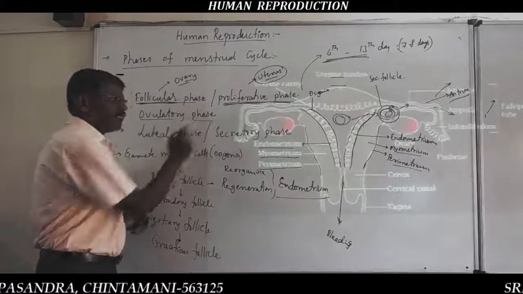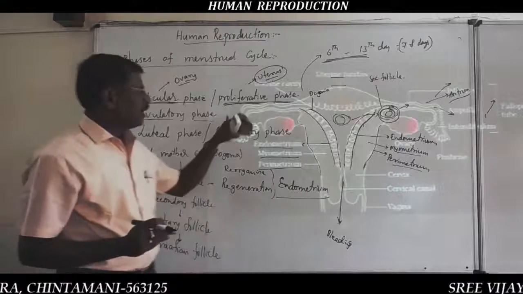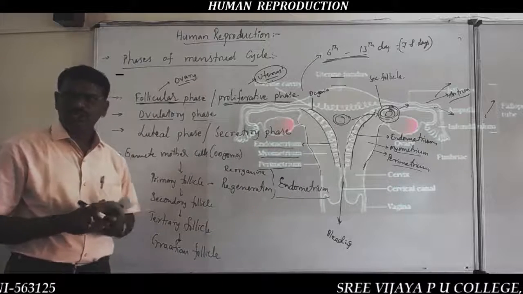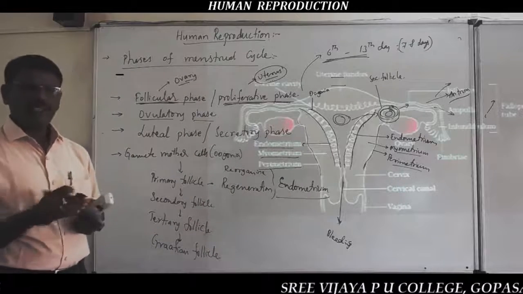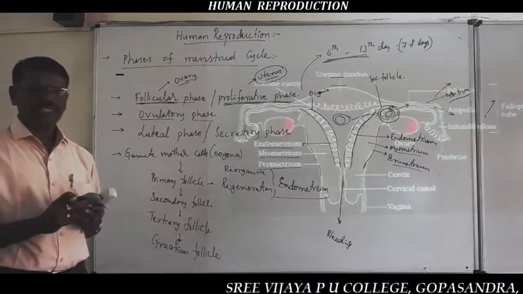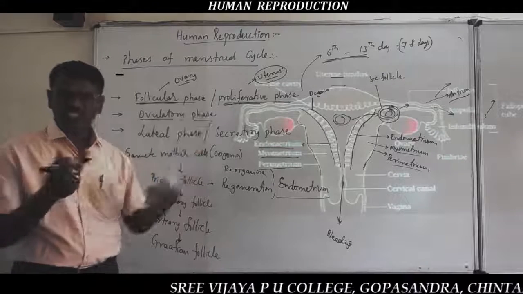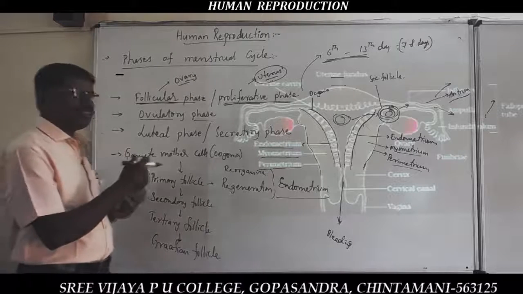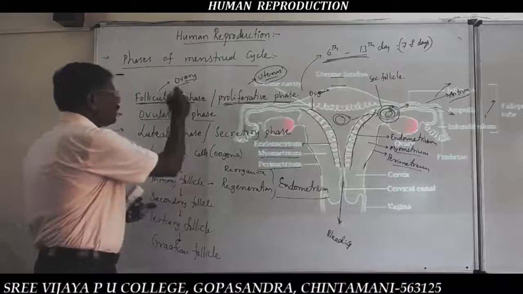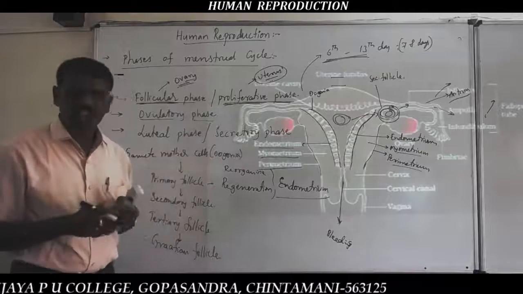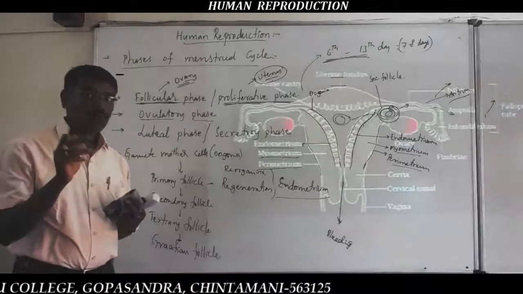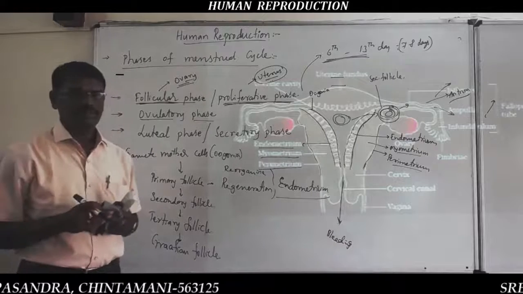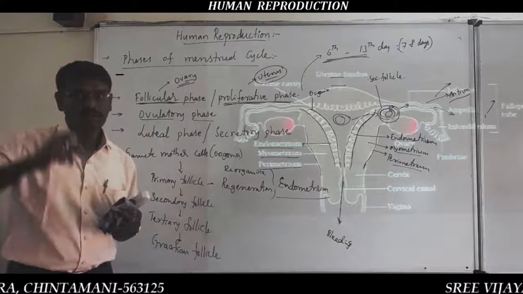At the end of the follicular phase, hormonal changes are occurring, because in the ovary the follicles are developed, meaning the oogonia or gamete mother cell is stimulated by the follicle stimulating hormone. It is released from the pituitary gland.